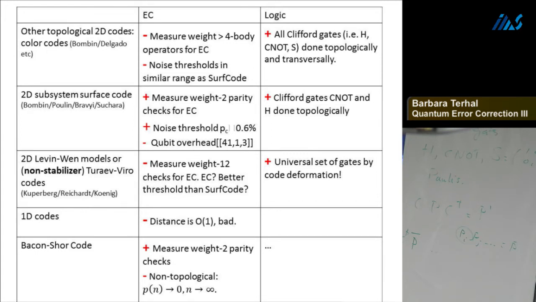One thing that has been established for some codes is that you have to measure very high weight parity checks, if you write it explicitly as parity checks. How we do decoding for these codes is also a subject of current research. And I don't think a threshold has been estimated for these classes. The advantage of these codes is that one gets a universal set of gates by code deformation, because if they relate to non-abelian anyon models, one can get universality more directly.